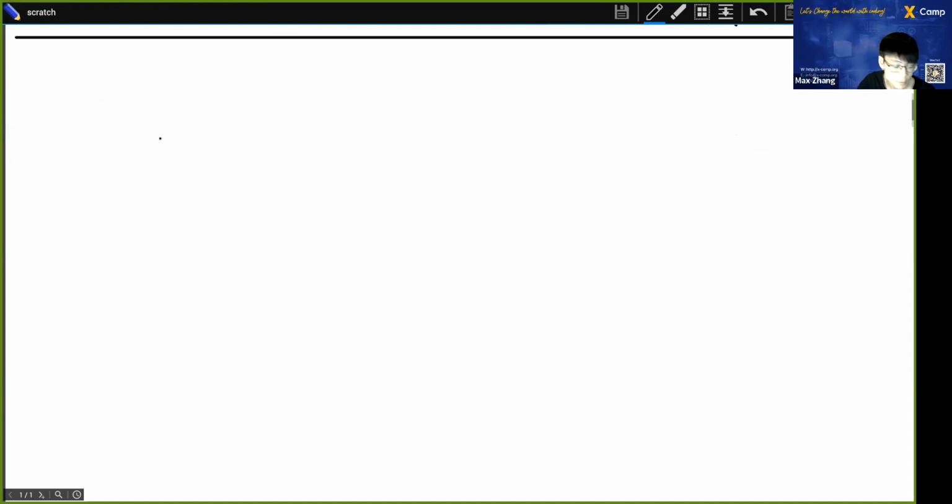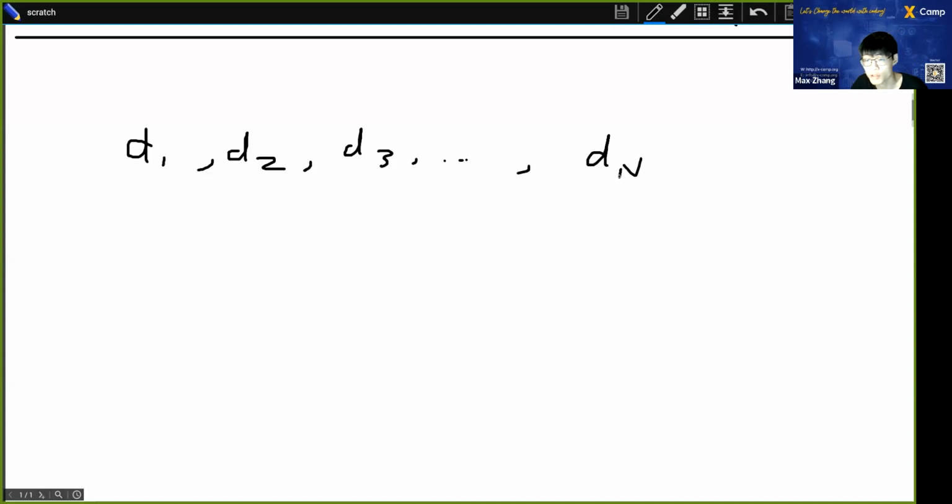of days. Bessie is watching TV, and there's a bunch of days, D1, D2, D3, and so on up to DN, on which she wants to have the subscription. On each of these days, Bessie wants to watch TV. She can purchase a subscription for a contiguous amount of time.